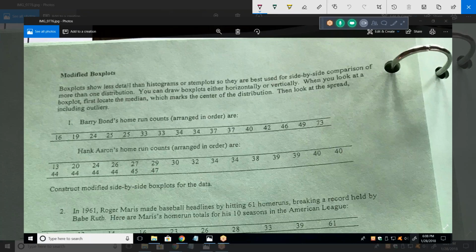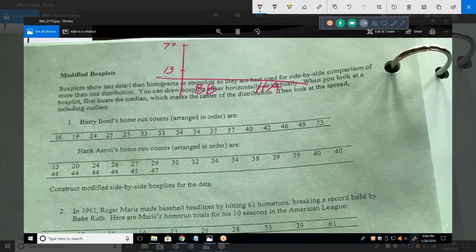I think so. With this first problem where we're doing Barry Bonds and Hank Aaron, I would say that I want to do BB there and HA there. And then I'm going to make my home runs go from 13 to 73.